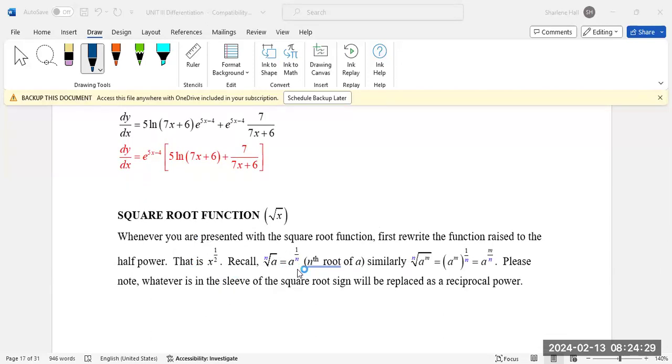Whatsoever is in the sleeve of the square root sign is going to be reciprocated. So this n in the sleeve of the square root sign is really n over 1, and when you reciprocate it, you have 1 over n, which is known as the nth root of a.